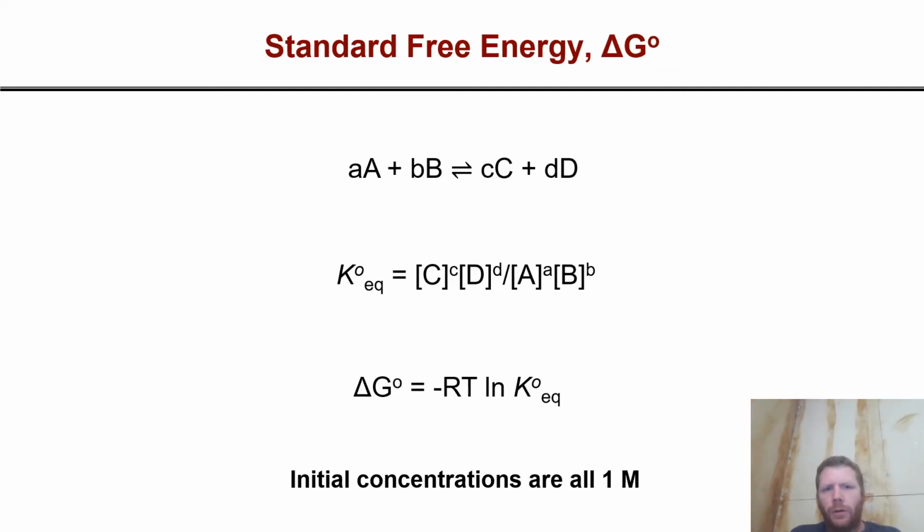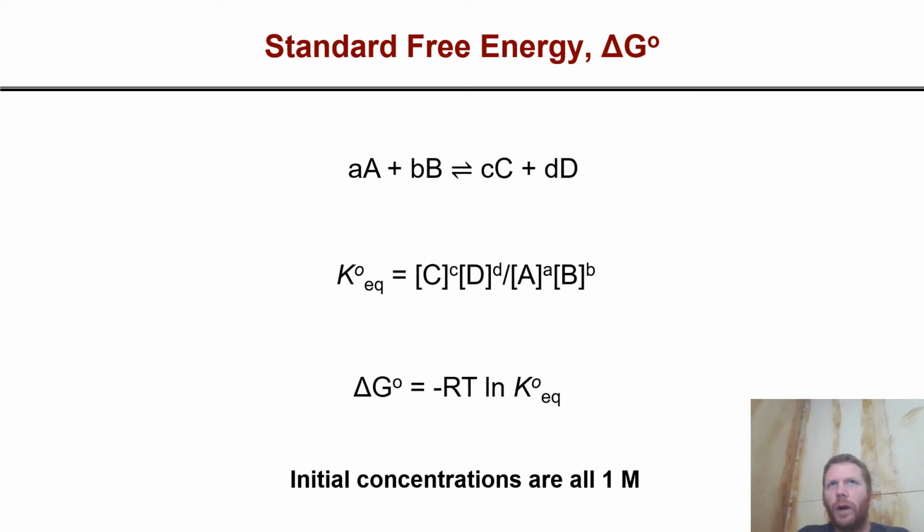Another way to look at a reaction is in the context of what's known as standard state, where standard conditions are in effect: 25 degrees Celsius and 1 atmosphere pressure, and each of the reactants and products starts with a concentration of 1 molar.